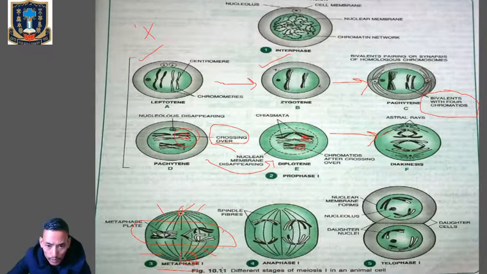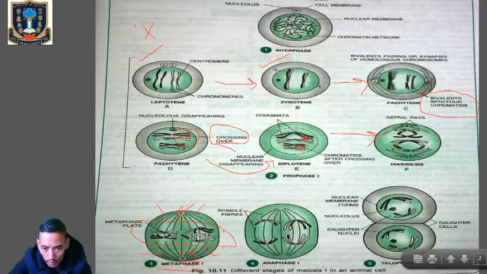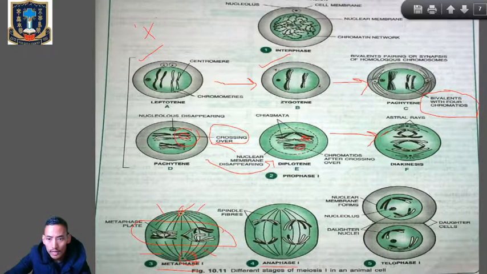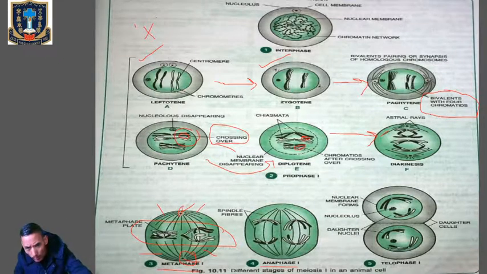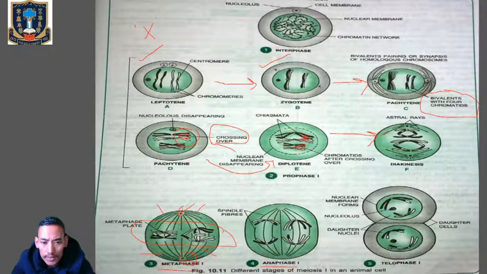Then from metaphase 1, the cell will move to the next one, which is called anaphase 1. What are the events that occur during anaphase 1? The most important one is that the homologous chromosomes start separating. Can you see over here? The bivalent starts separating and the chromosomes are moving towards the opposite poles.